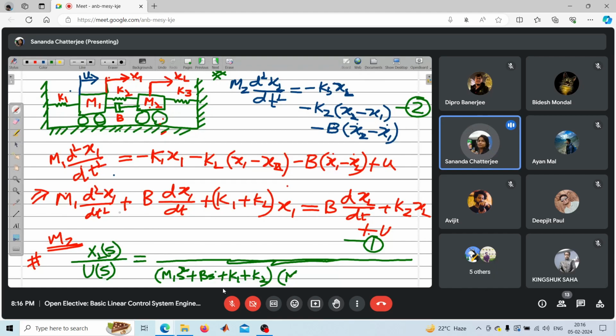From here you will get the relationship of x1s with x2s and us, and from the other equation we will get a relationship of x2s with only x1s. For equation 2 there is no involvement of input u. Do you agree? Yes, ma'am. From the second equation you find the ratio of x1 and x2 and you replace this in this equation, and then you will get the transfer function that I am writing.